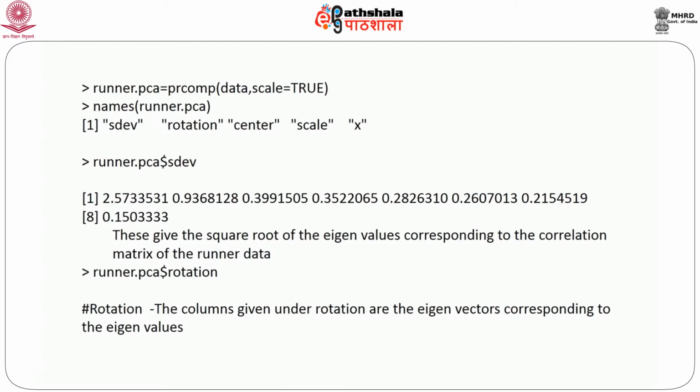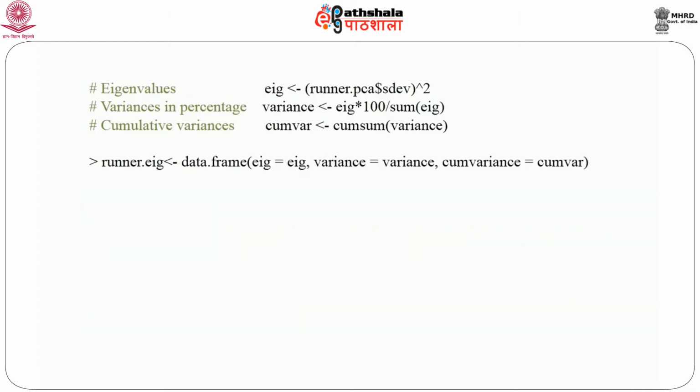So, the eigenvalues are in decreasing order of magnitude. If we extract from the R object runner.pca the component rotation, the columns given under this rotation will actually give the eigenvectors corresponding to the eigenvalues.